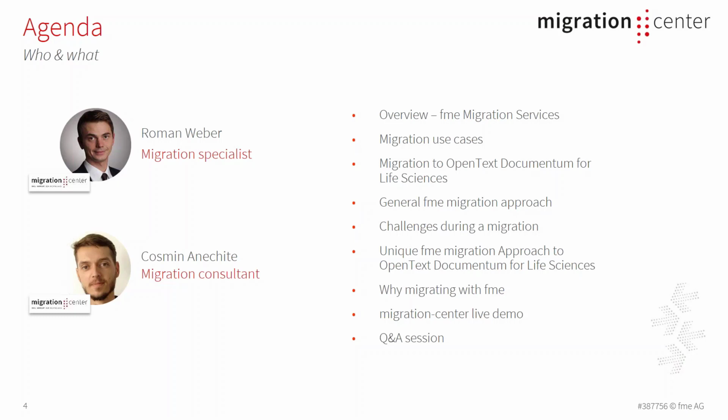I'm going to talk about why migrating with FME. And after that, Cosmin will present the migration itself with a demo. And after that, we have a question and answer session.